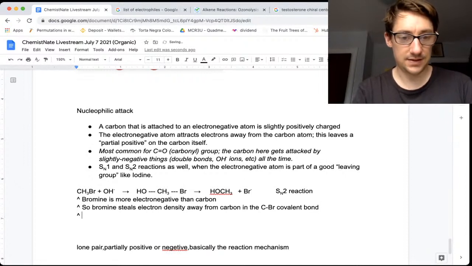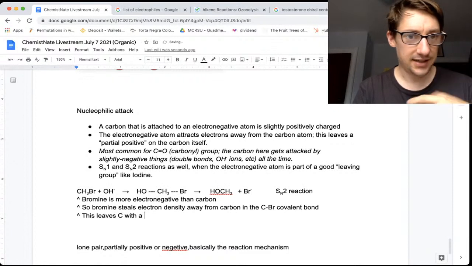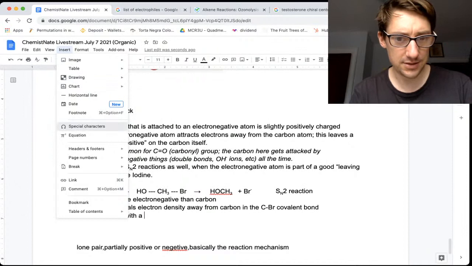This leaves C with a delta plus charge. I'm going to go and get the delta symbol so you know exactly what I'm talking about.